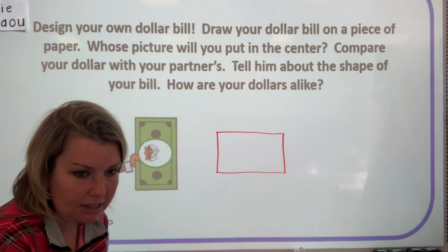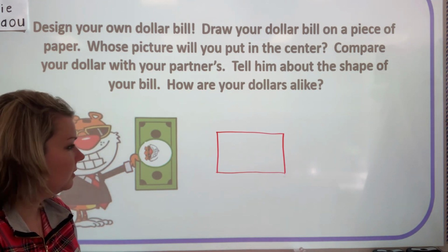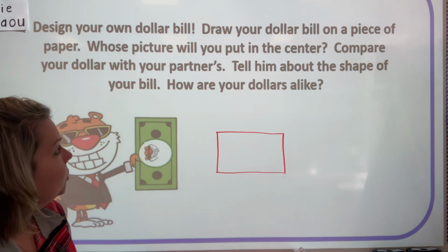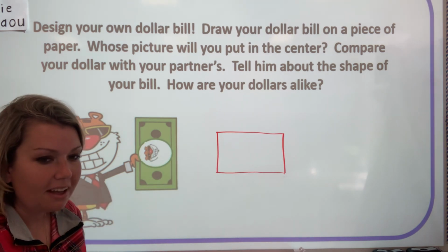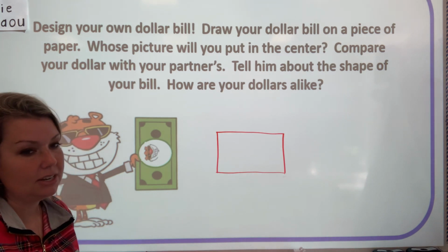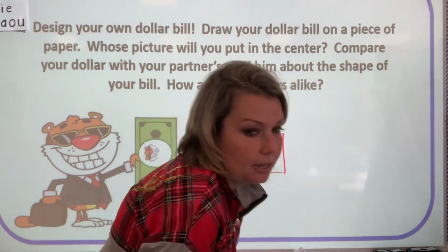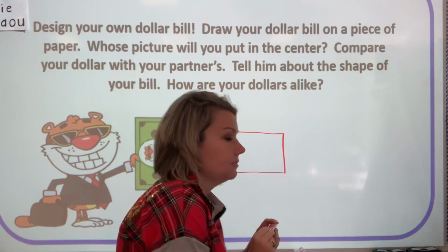Is that okay? Yeah, that's okay. Good. All right. Whose picture will you put in the center? I'm going to go ahead and put a picture in the center of my dollar. You do it too. Draw your dollar and put a picture in the center. Go ahead. Start now.